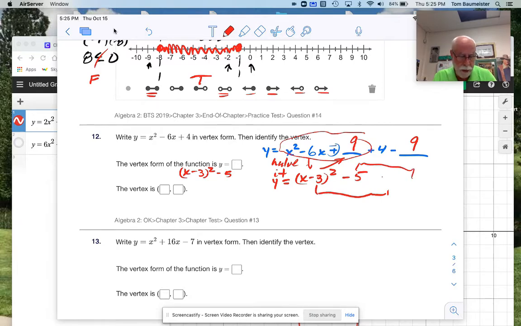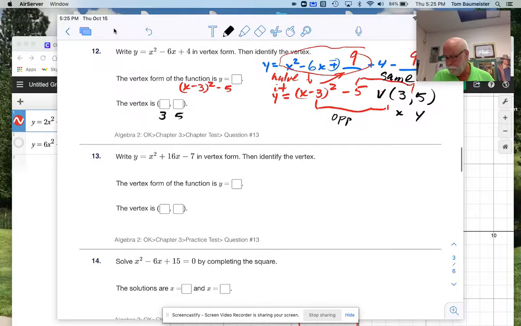So our vertex is the opposite of that one. So the opposite of -3 is 3. It's the same as this one. So that one will be 5. So you're going to tell me here 3 and 5, because this again is our x value, that's our y value. Okay?